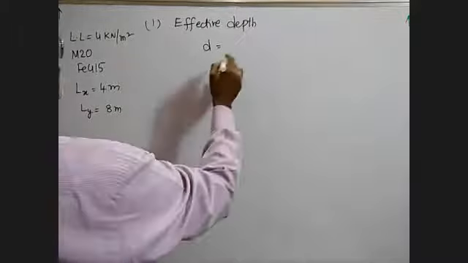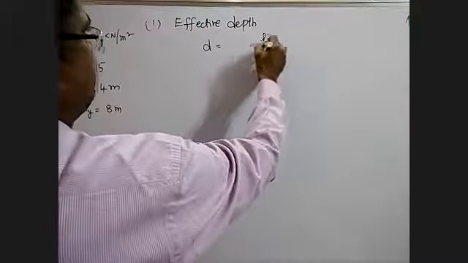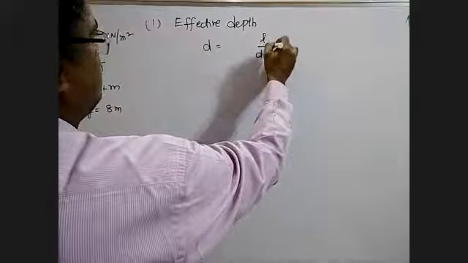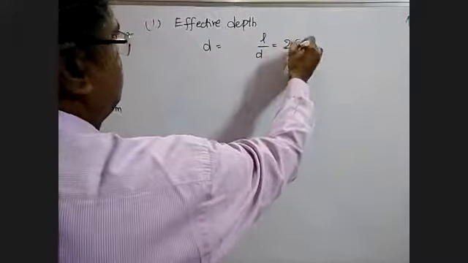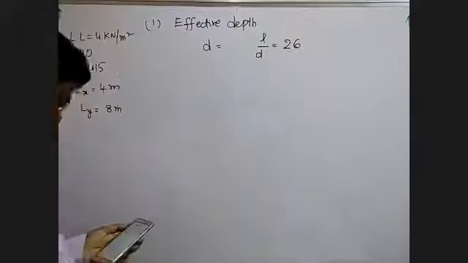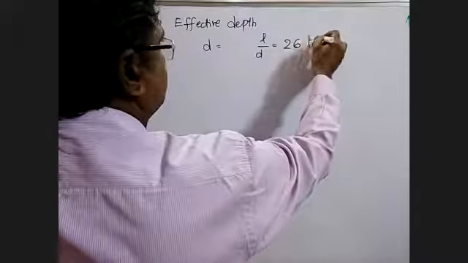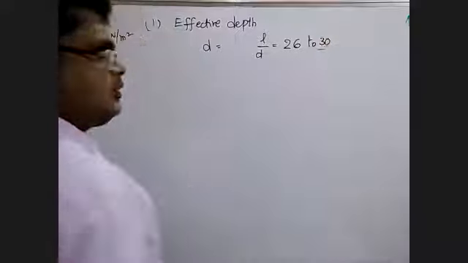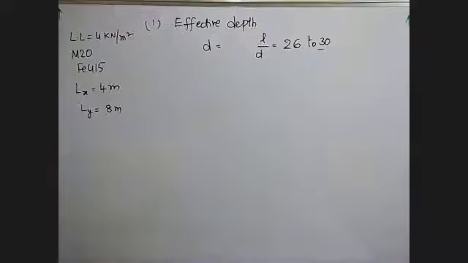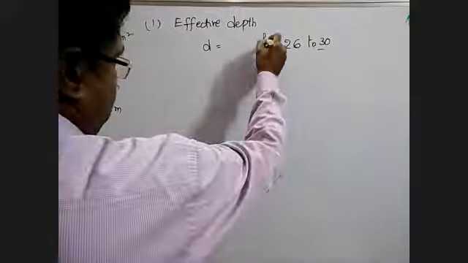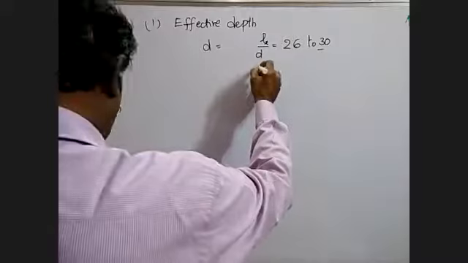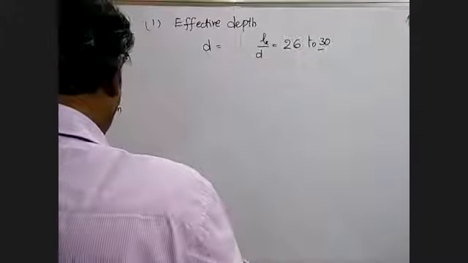So here the L by D value for continuous one, you have to take 26 to 30. That is the only difference here. Now calculate this value.